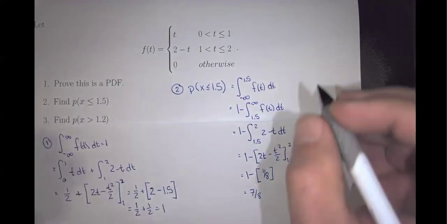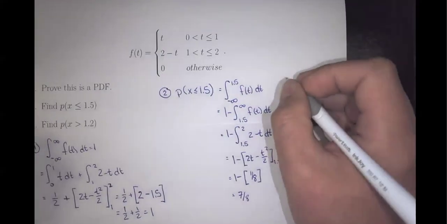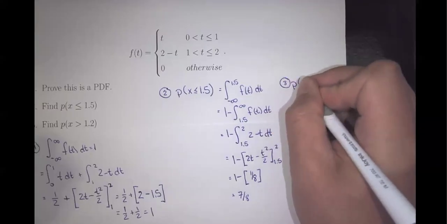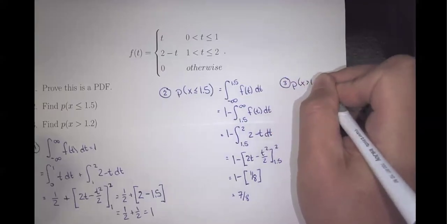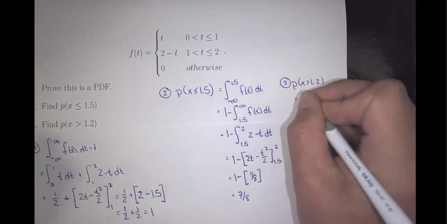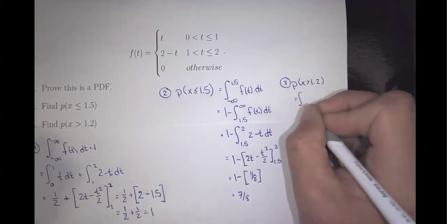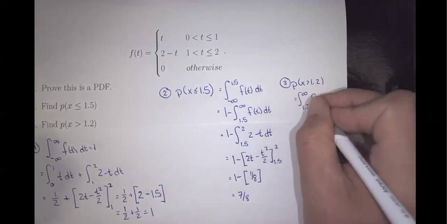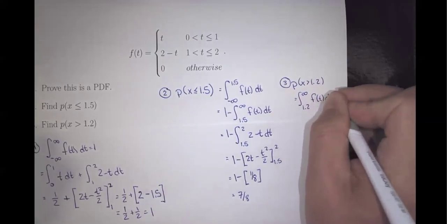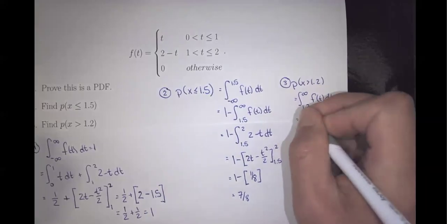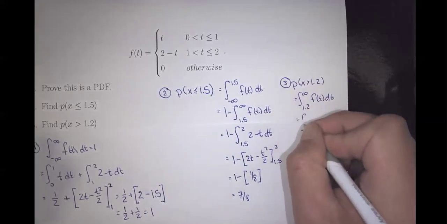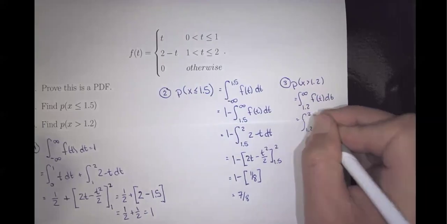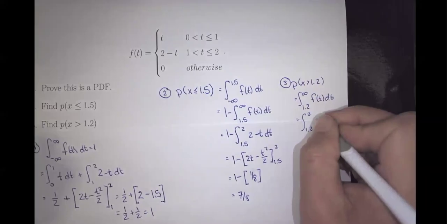Last one, the probability that x is greater than 1.2. So this is the integral from 1.2 to infinity of f of t dt. So that's the integral from 1.2 to 2 of 2 minus t.